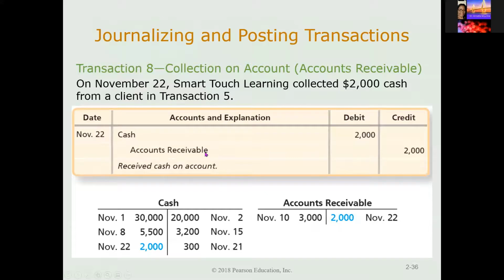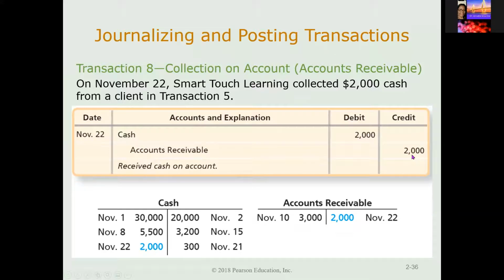Here at transaction 8, the company collected $2,000 cash from a client in transaction 5. So the two accounts involved here are cash and accounts receivable. The company received cash on account. So cash is now debited for $2,000.